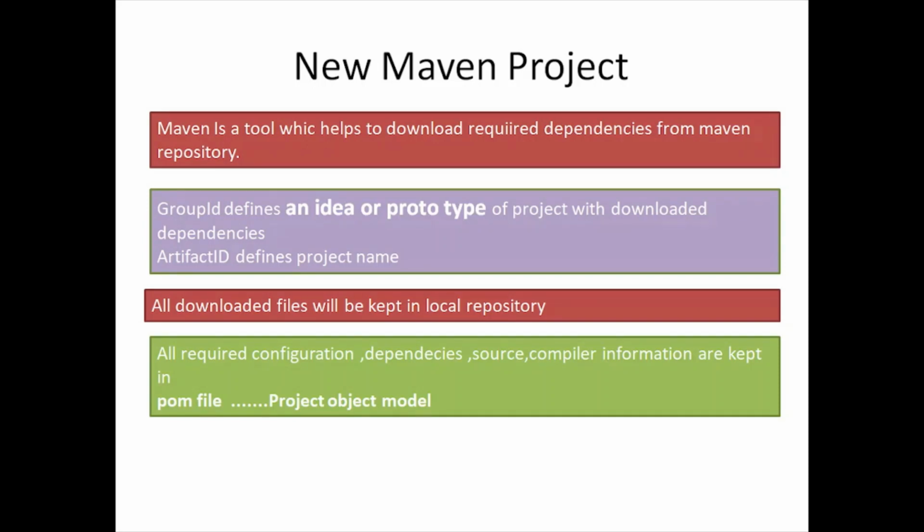Now, a new Maven project. Some more precise information: Maven is a tool which helps to download required dependencies from the Maven repository, and group ID defines an idea or prototype. As we have discussed earlier, before going ahead, you first have to define the concept on which we are making our project. So group ID is a concept, or you may say prototype.